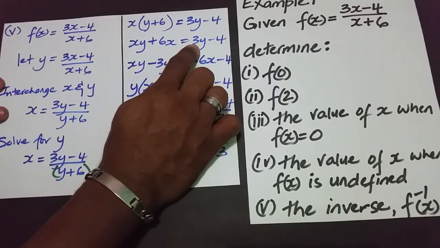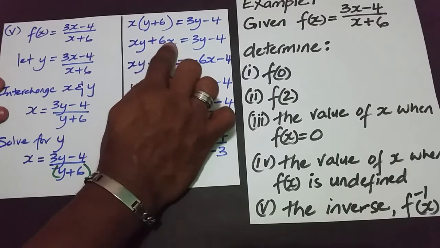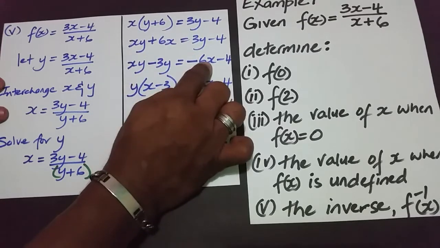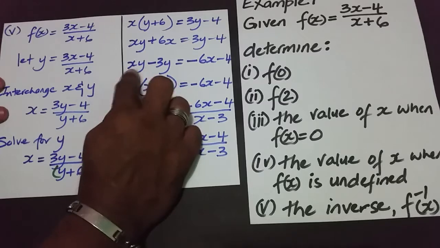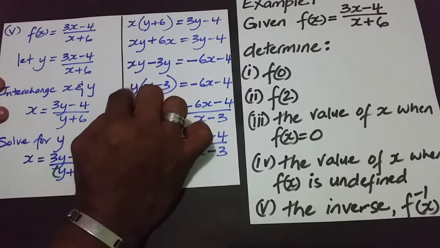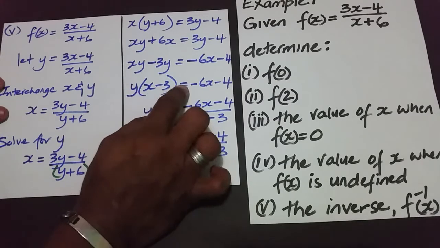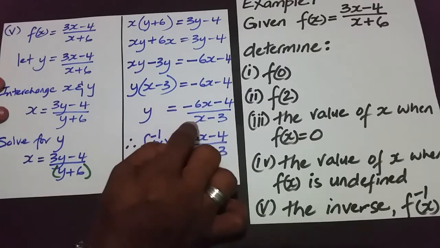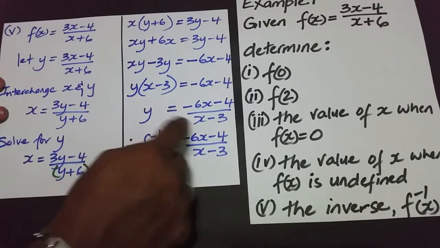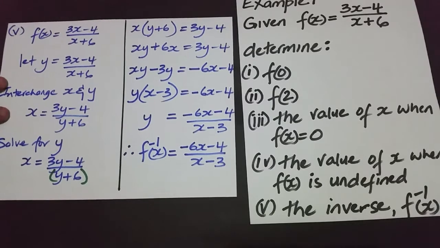So the positive 3y becomes negative 3y, and positive 6x we carried over, it became negative 6x. And from this step, we factored out the y using simple factorization. The right hand side is there, and then to get y, we simply divided the right hand side by x - 3. And whatever we got for y, that is what the inverse is equal to.